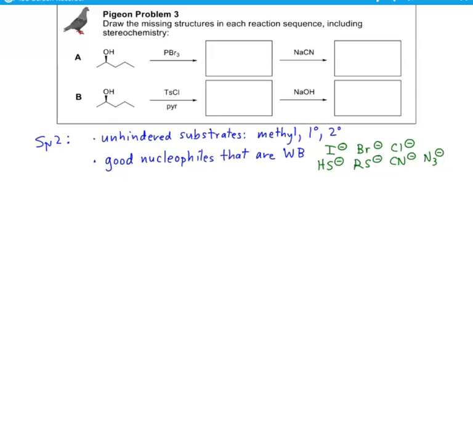So good nucleophiles that are weakly basic favor SN2 pathways, or good nucleophiles that are basic but unhindered. So that's going to be things like hydroxide and methoxide ions. Larger strong bases tend to give you more E2.